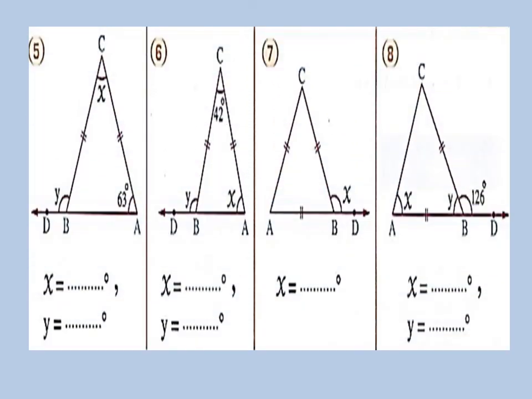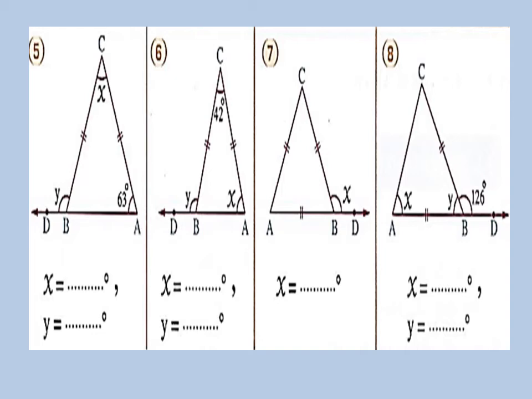Another example. First, CB and CA are two equal sides. So the triangle ABC is an isosceles. We want to find x and y. Since the triangle ABC is isosceles, then measure angle B equals measure angle A will equal 63.